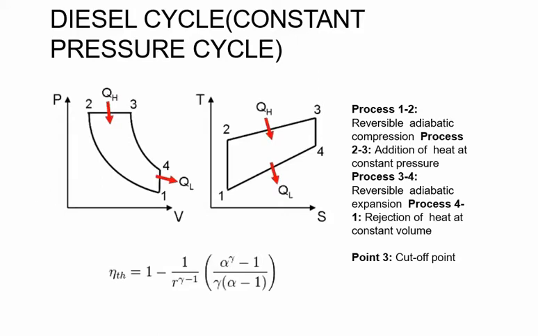Let's further discuss the diesel cycle. The diesel cycle is also known as the constant pressure cycle, as two of its processes are isobaric. The diesel cycle is a combustion process of a reciprocating internal combustion engine.